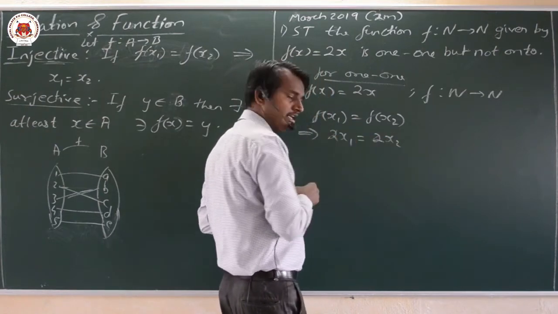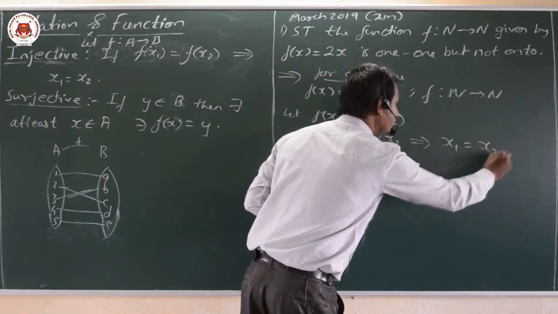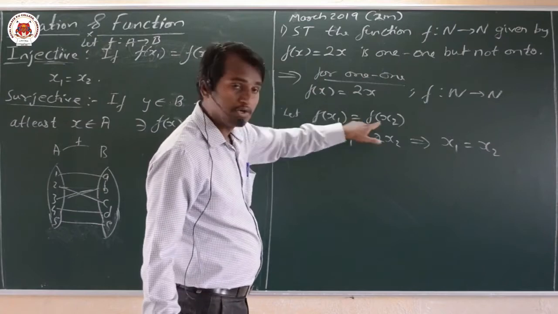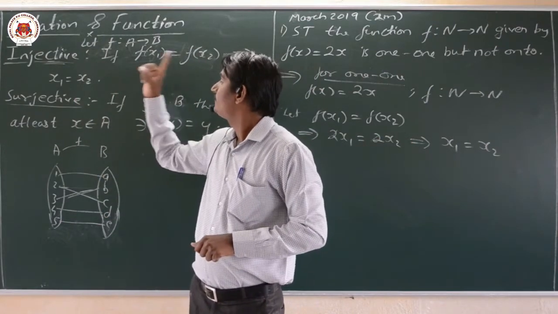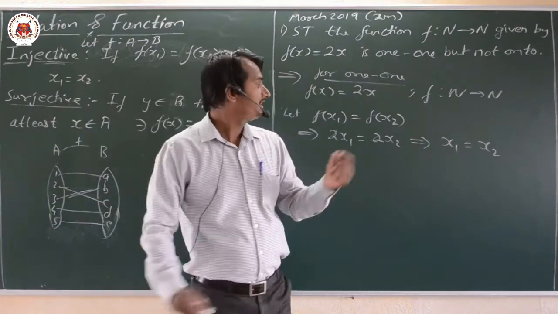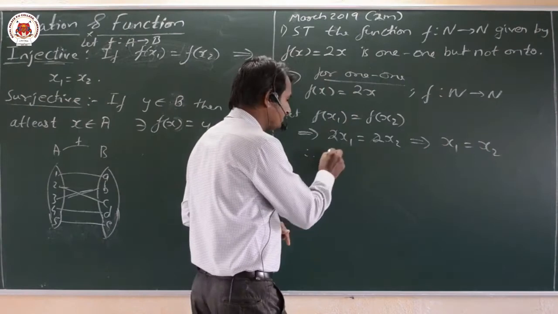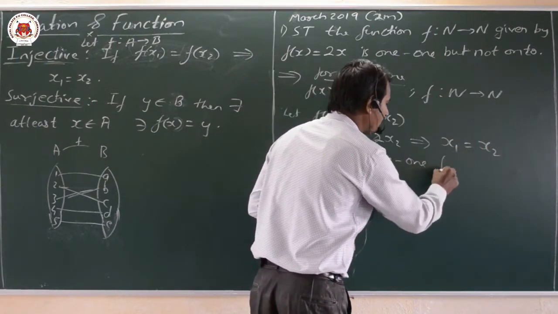Here 2 gets eliminated. So what is the remaining part? That implies x1 equal to x2. According to the definition, we have shown that x1 equal to x2. Therefore, f is a one-one function.